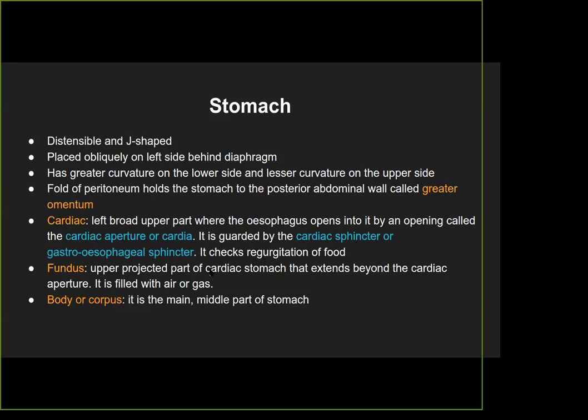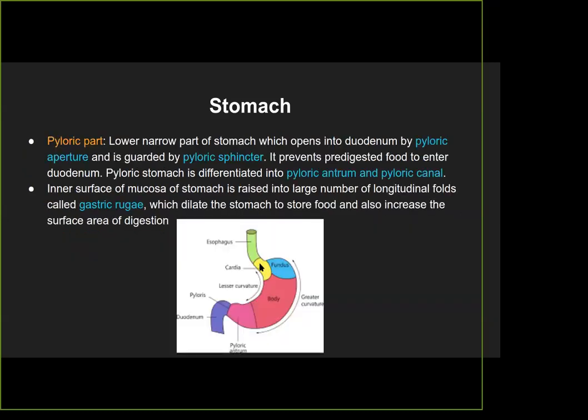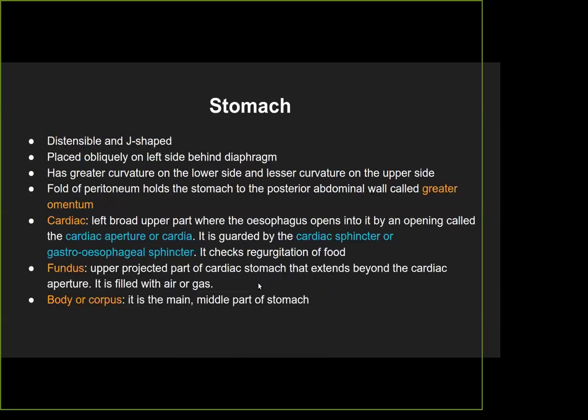And the cardiac aperture, or cardia, is the region within the stomach where the esophagus enters. Now, the function of this sphincter is to not allow the food which is incoming inside the stomach to flow back. This sphincter is like a, how can I say?